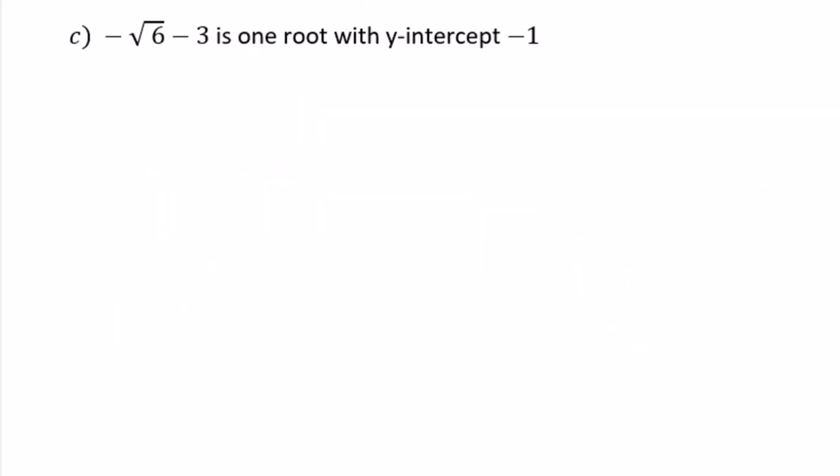Let's go to C. Negative square root of 6 minus 3 is one root with a y-intercept negative 1. So x1 equals negative 3 minus the square root of 6. Then x2 equals negative 3 plus square root of 6. s equals negative 6.